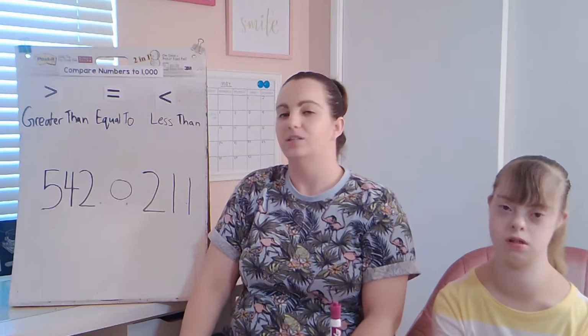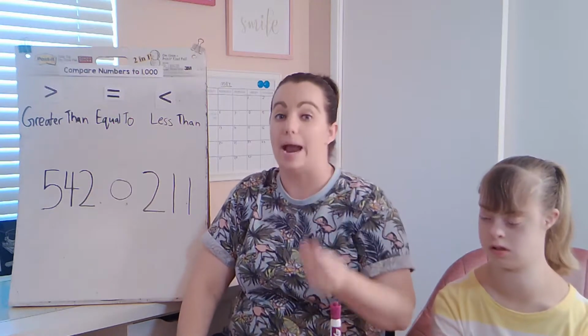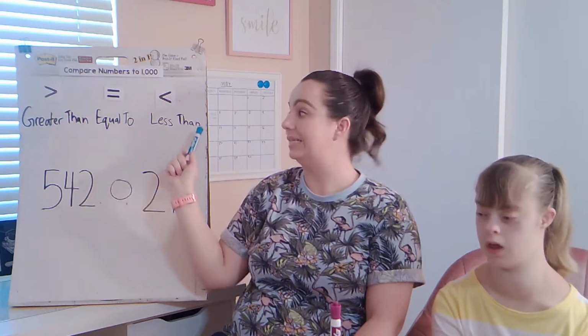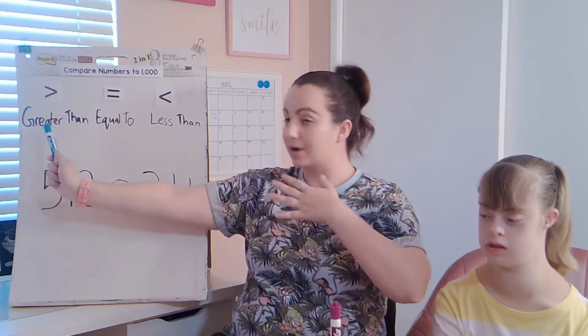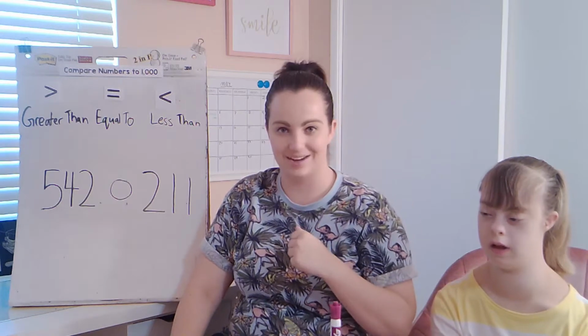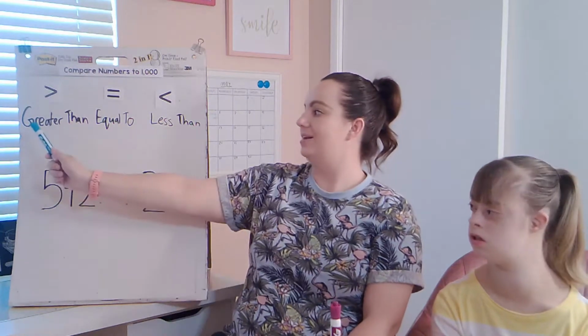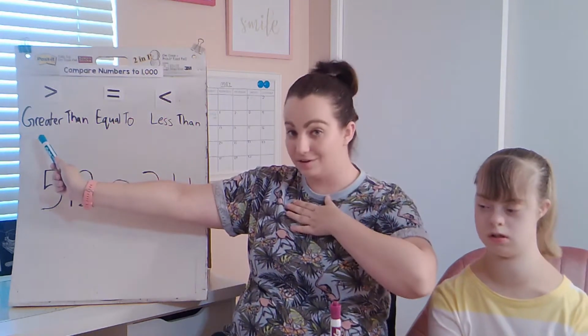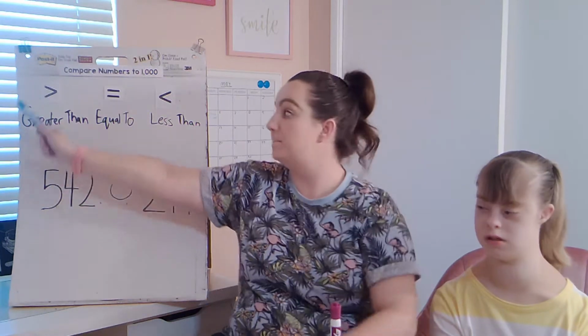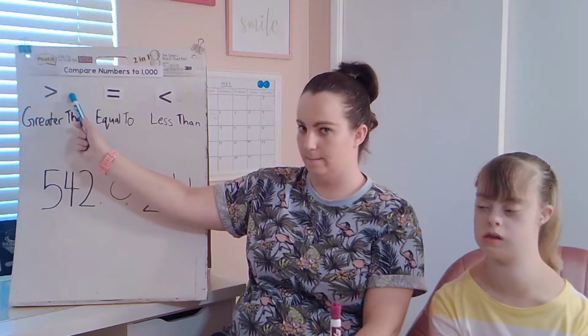Okay? So let's go ahead and just practice saying greater than, equal to, less than. I'm going to say the word, then I'm going to ask you to say the word. You ready? Ready, set, greater than. Big number, smaller number.